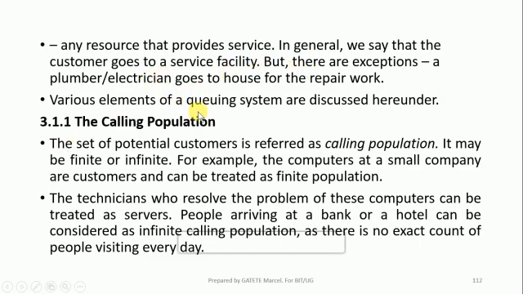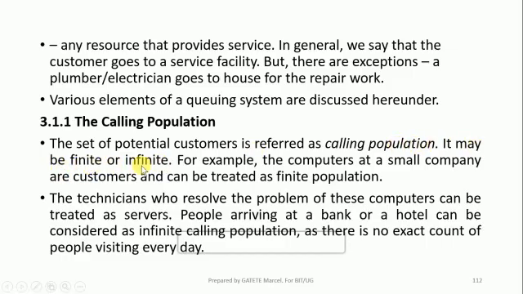So what are the various elements of a queuing system? The first one is the calling population. The calling population, as we said, is the set of potential customers you have. It means that if Bank of Kigali has 1 million customers, all those customers are called the calling population. It may be finite or infinite.